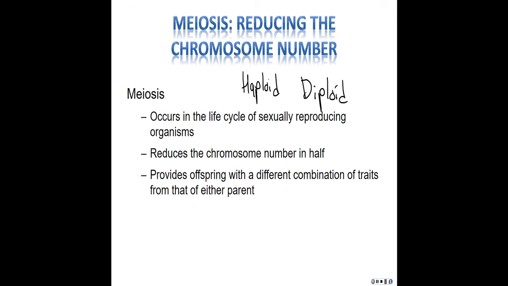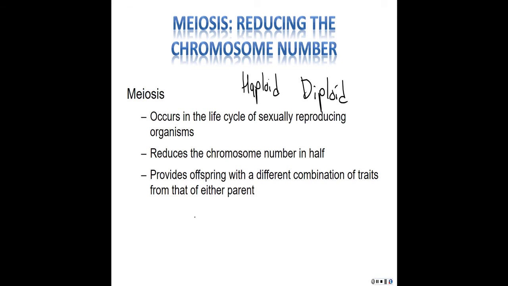These words are used to describe the number of copies of each given chromosome. You can also think of all the chromosomes as a complement of chromosomes, or a set of chromosomes. So how many sets of chromosomes does a cell have? When I say set of chromosomes, think of a set of socks, right?